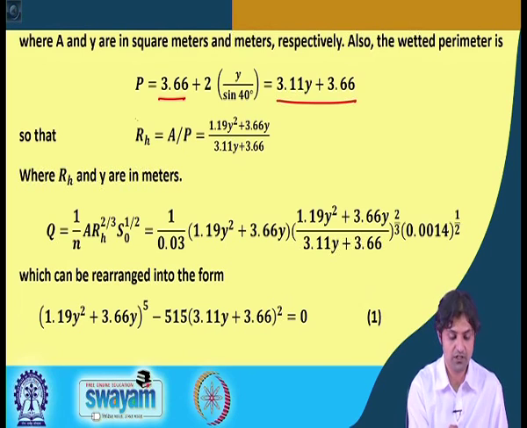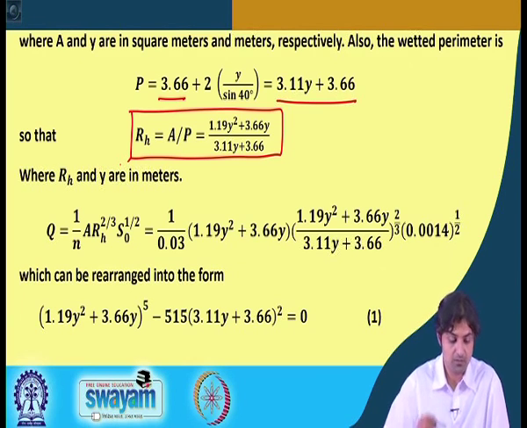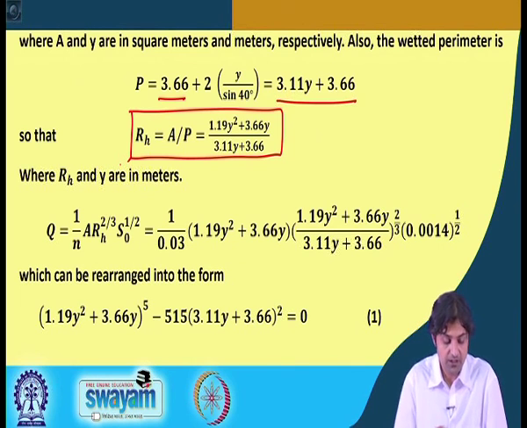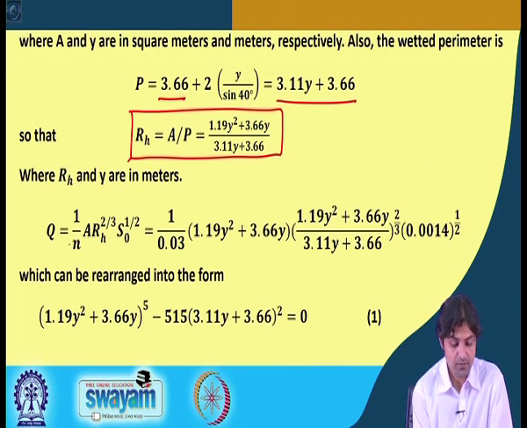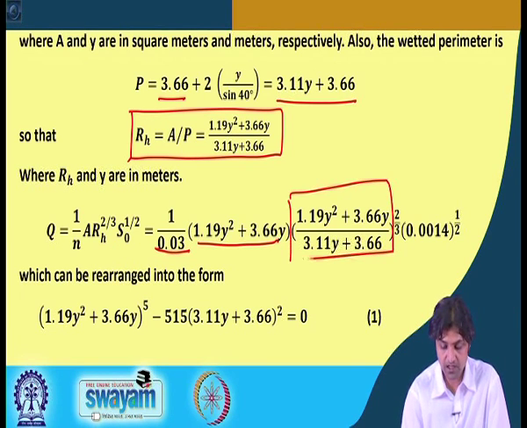So, the hydraulic radius will come as area by perimeter, that is 1.19 y square plus 3.66 y divided by the perimeter. The discharge according to Manning's is given by 1 by n, with n given as 0.03, times the area we have written in terms of y in the previous slide, times R_H to the power 2 by 3, and S naught is given as well, 0.0014.